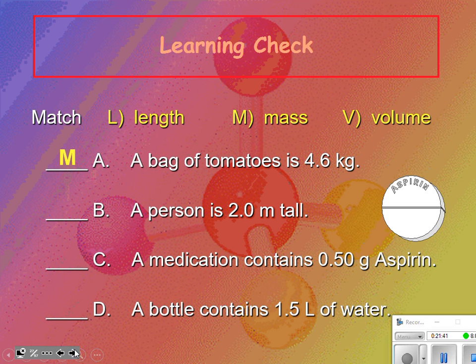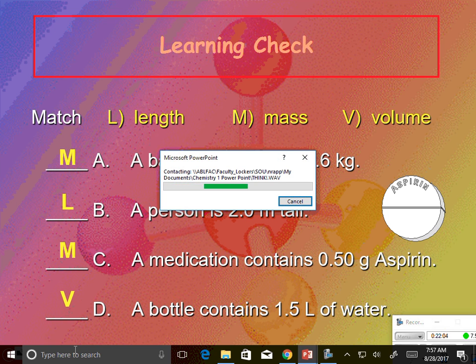A person is 2.0 meters tall. Length. A medication contains 0.50 grams of aspirin. It's also a mass. A bottle contains 1.5 liters of water. Volume. Very good, folks.